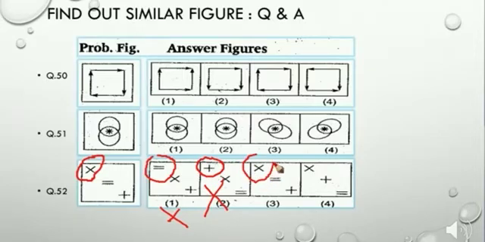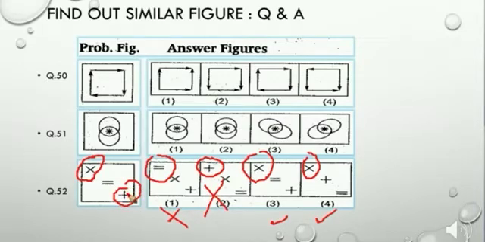Let's check for this portion. This portion is exactly matching with the given problem figure, so temporarily we can accept this. Let's check for the fourth option. Yes, this portion is matching, so we can temporarily accept this. Let's check from another angle. Let's check this portion.